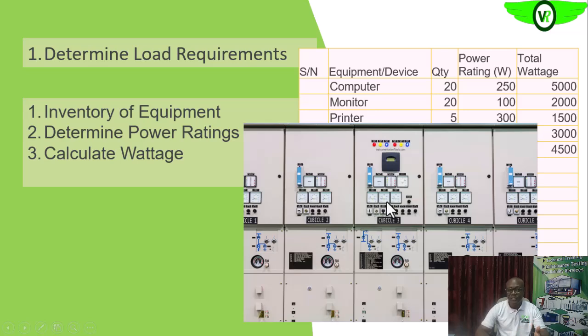If it is three phase, times root 3, and that will give you the wattage that you want. So this will give you the size or the power of the general load, not the individual load as in this case. Are we getting it? This is a straightforward and faster means of getting the power rating.